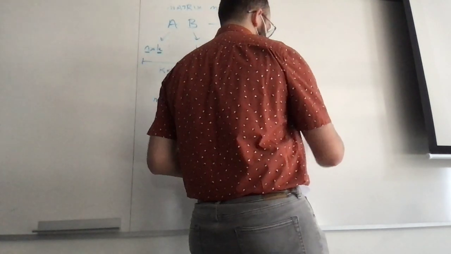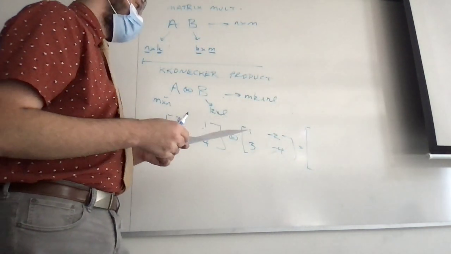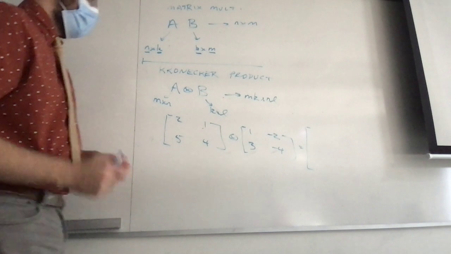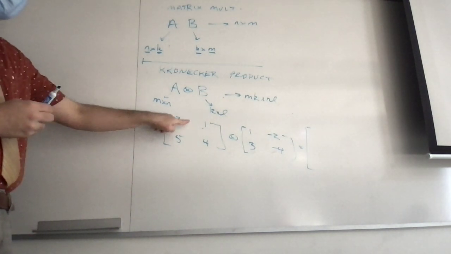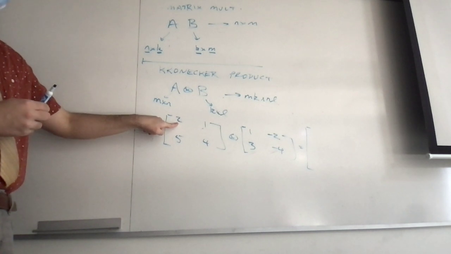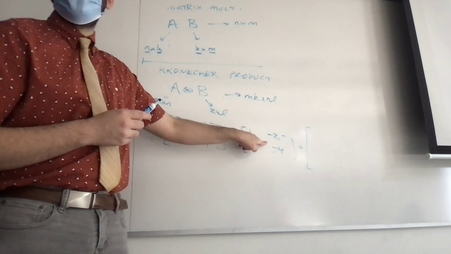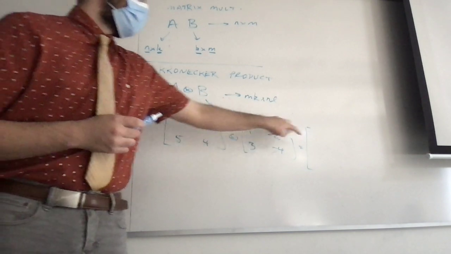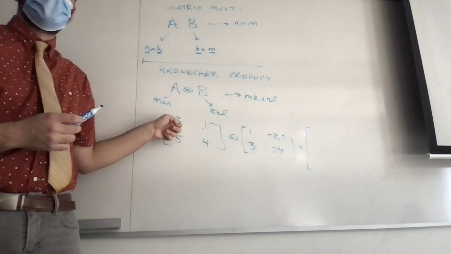What you do is take the first entry of the first matrix, in this case 2. You multiply everything in the second matrix by 2, and write that in the upper left corner, corresponding to where the 2 was.